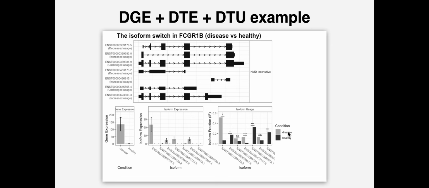Now, this is an example where I think the DTU analysis is probably not that valuable because I'm not sure I care about differential transcript usage if the transcript is not really expressed in one condition or really a big delta in expression of all the transcripts from the gene in one condition compared to the other. So this is a gene that certainly would come out of a DGE or DTE analysis.